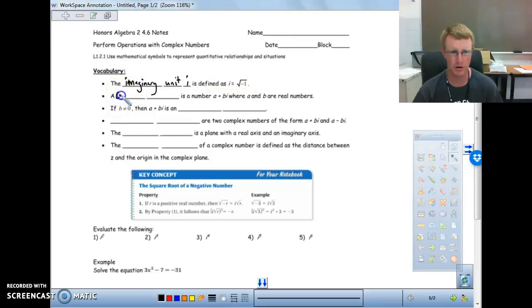A complex number is a number a plus bi, where a and b are real numbers, so like 5 plus 2i. If b is not equal to 0, then a plus bi is considered an imaginary number.